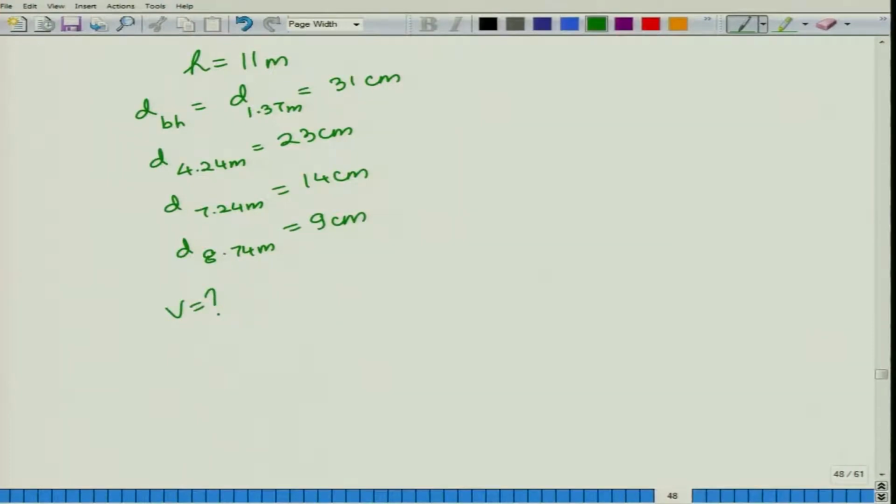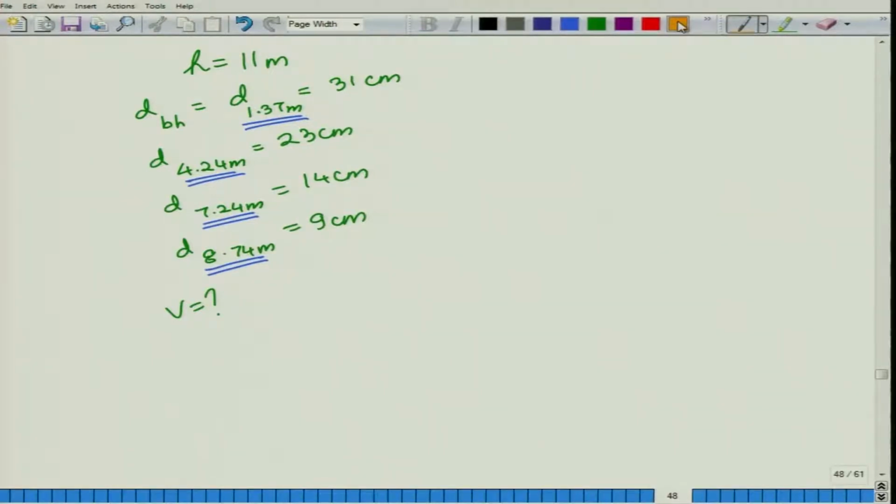Now, the first thing that we need to understand is why we have these particular heights. This 1.37 is the standard height, it is the breast height. So, we can understand this, but then why should we measure a tree at these heights is the question.